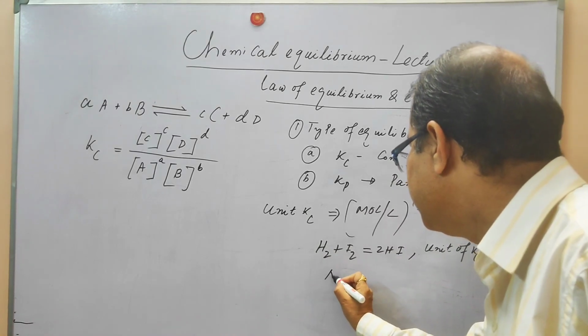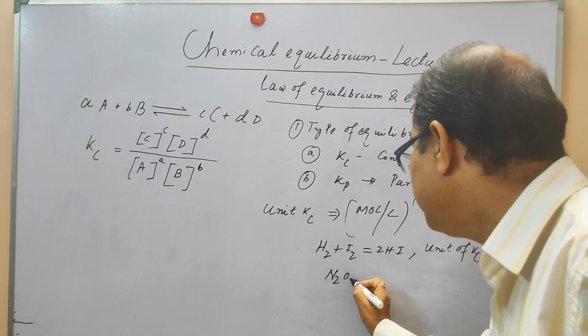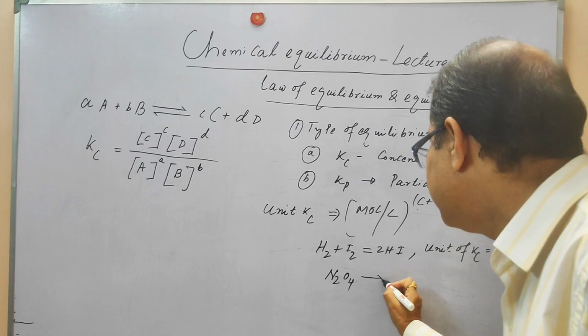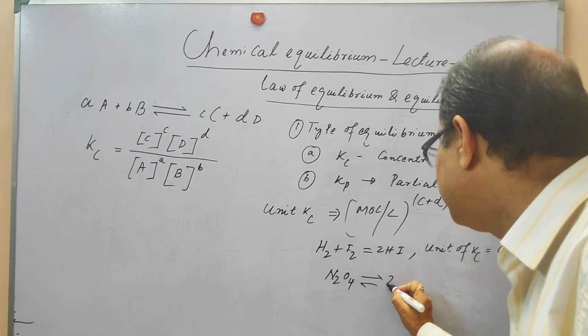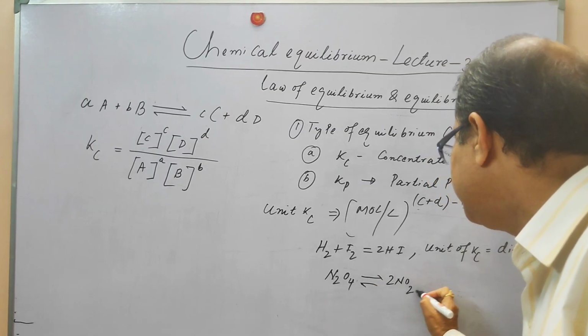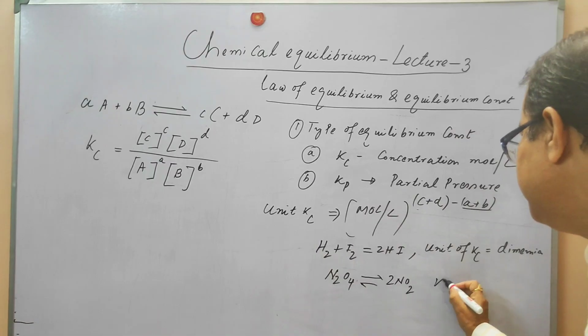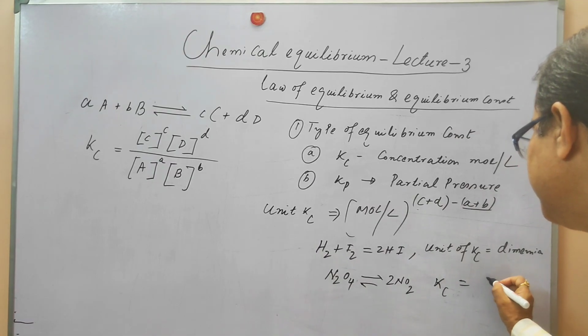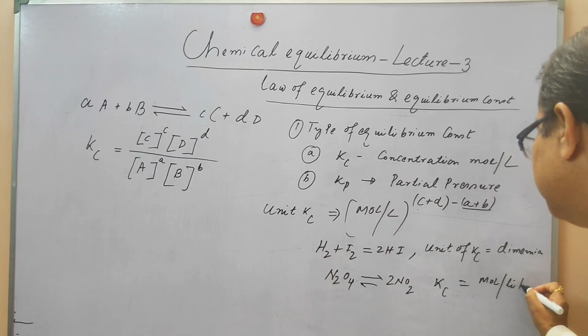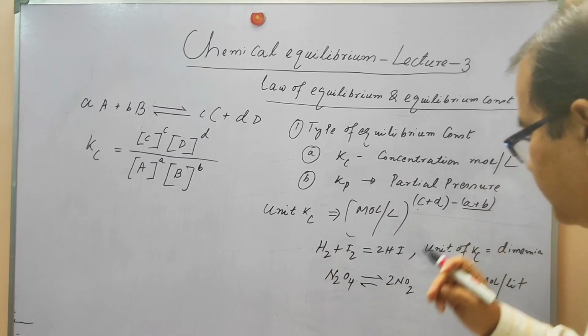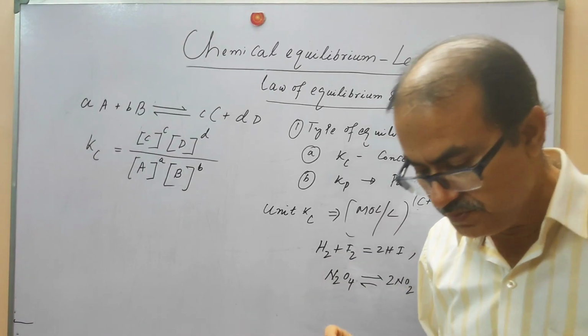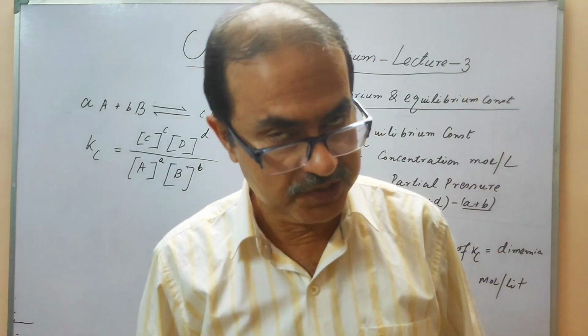For a reaction like N2O4 and 2NO2, the unit of Kc will be mole per liter. So the unit of the equilibrium constant is not fixed.